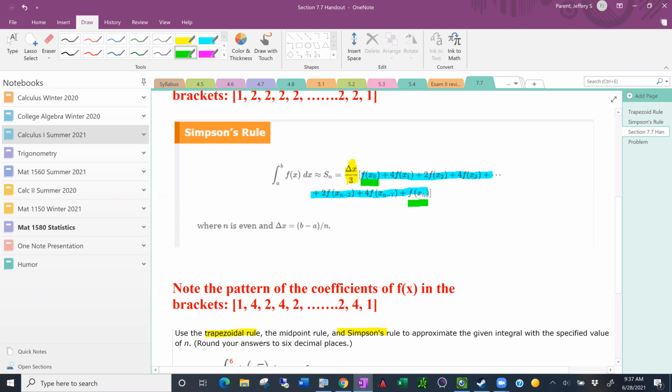Let's take a look at it with Simpson's rule. All right. So we're going to, again, use the same function and same partition.